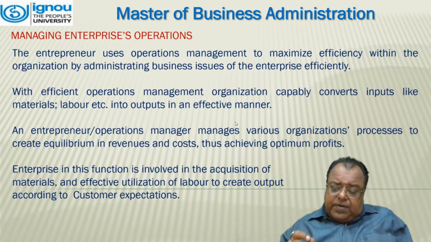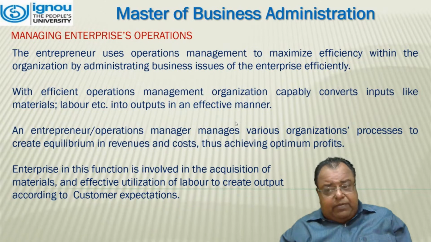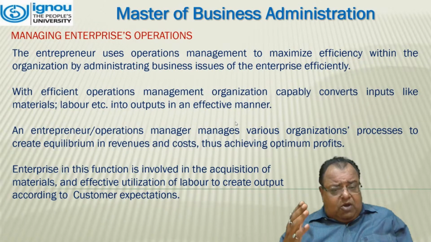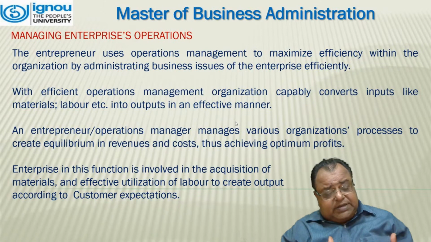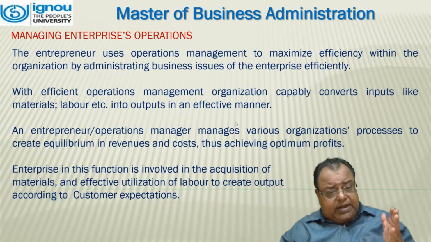With efficient operations management, an organization capably converts inputs like material, labor, etc. into outputs in an effective manner. An entrepreneur or operation manager manages various organizational processes to create equilibrium in revenues and costs, thus achieving optimum profits.